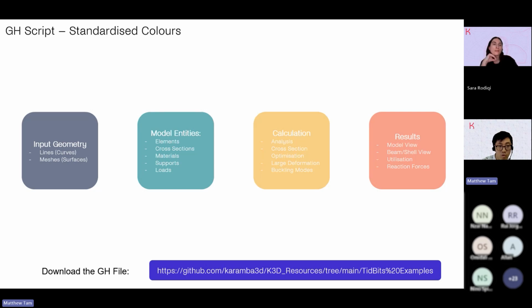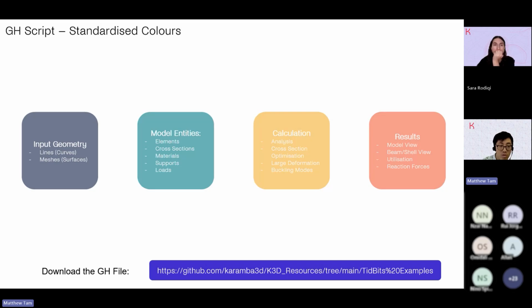This dark gray, dark blue-ish color always relates to any geometry applications that might be referencing geometry from Rhino, for example, or actually creating geometry parametrically in Grasshopper. And so this is always grouped as a start as a dark gray color.